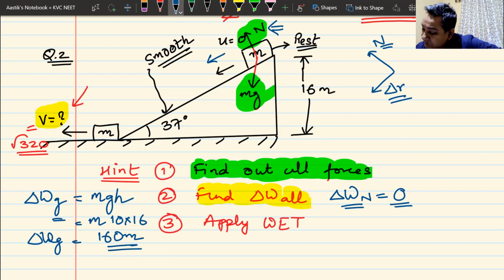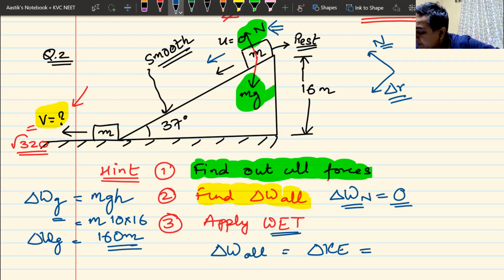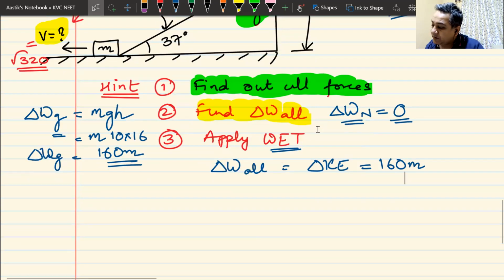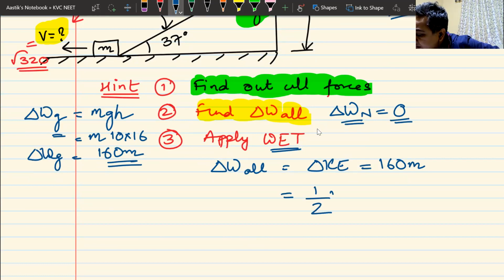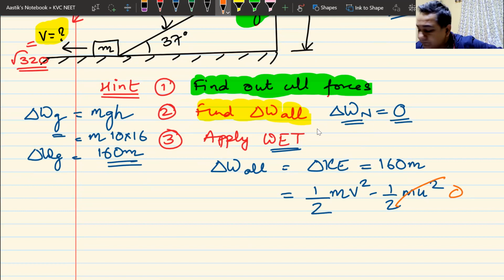Now I apply the work energy theorem. Work done by all forces is equal to change in kinetic energy. Work done by all forces is 160 m. That must be equal to change in kinetic energy. Final kinetic energy is half mv square. Initial kinetic energy is half mu square, but we all know that this velocity is zero, so this energy becomes zero.